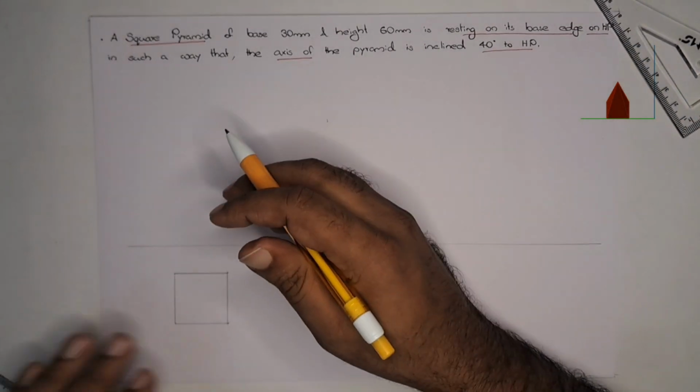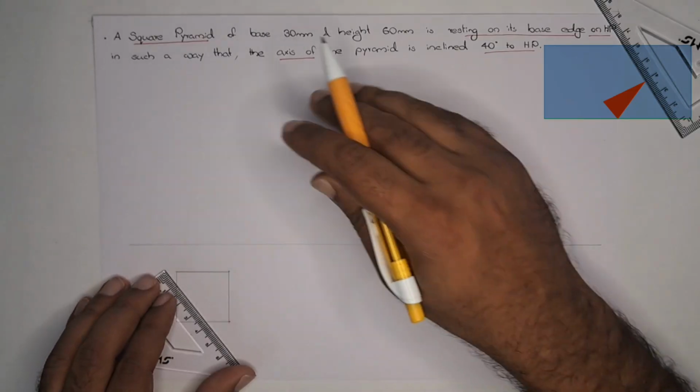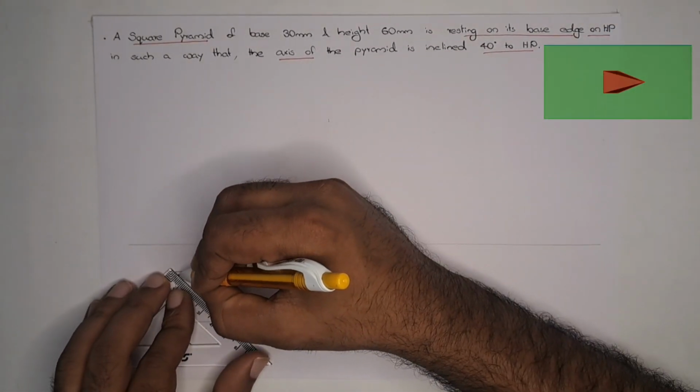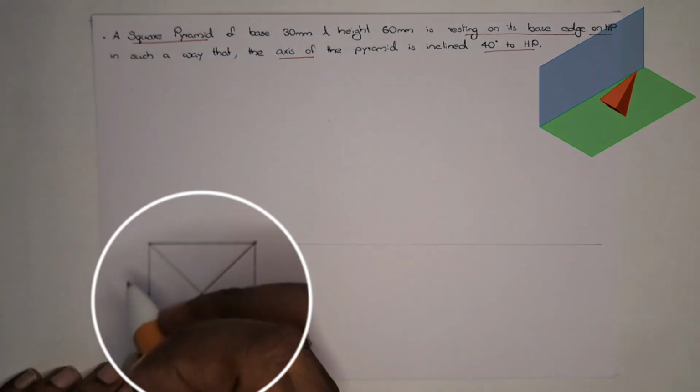We can mark the midpoint because it's a pyramid. We need to show the apex and give the names.